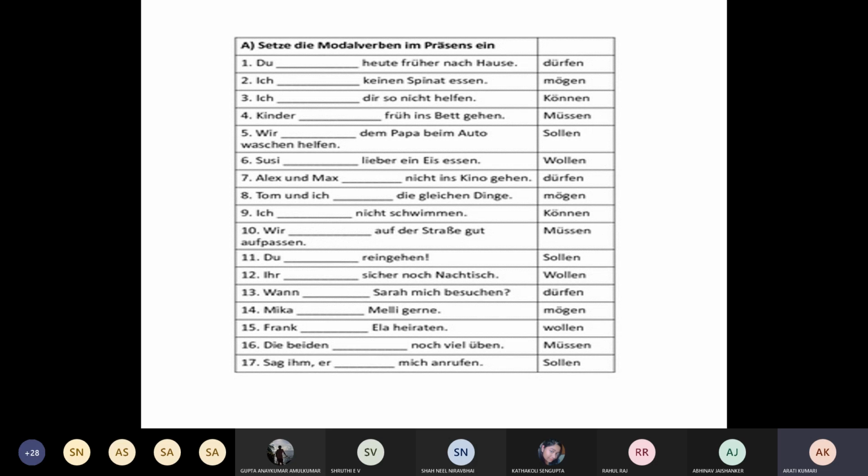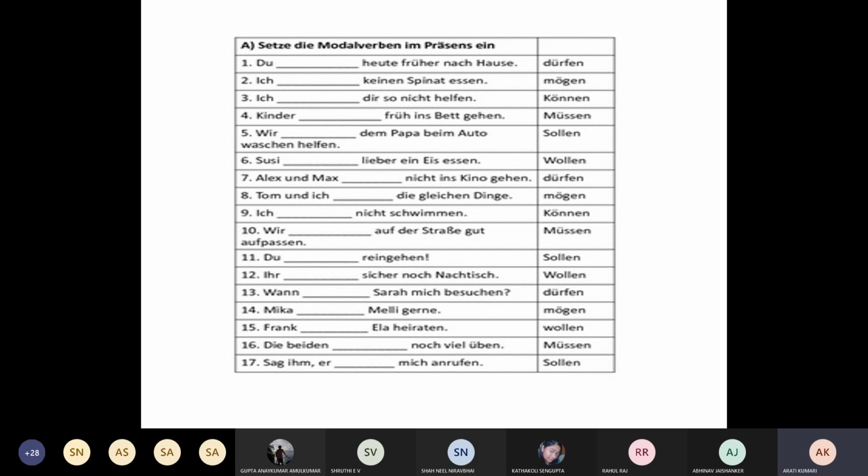And this means you are allowed to go home earlier today. Yeah. Du darfst heute früher nach Hause. So, first one. Now let's move to the next.